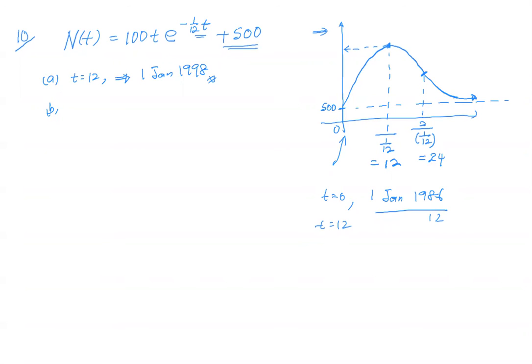So that means the maximum number happens when t equal to 12, correct? So you just put in 100 times 12 e to the power negative 1 over 12 times 12 plus 500. Are you clear?